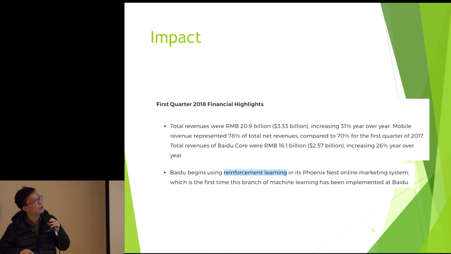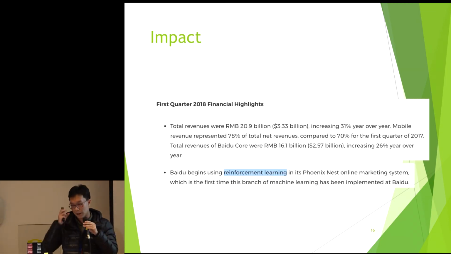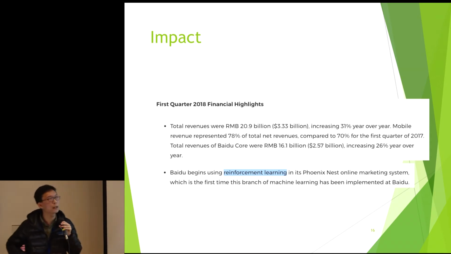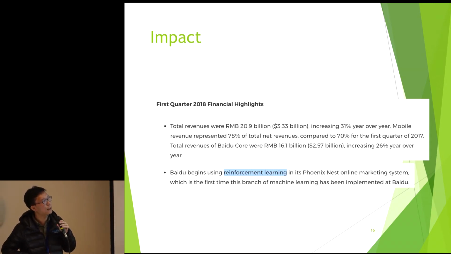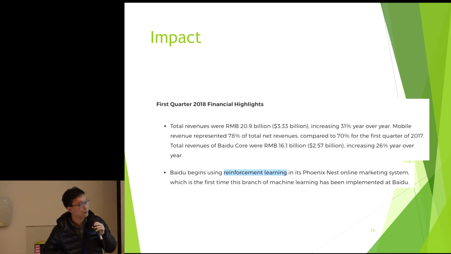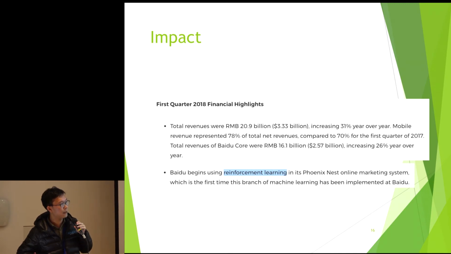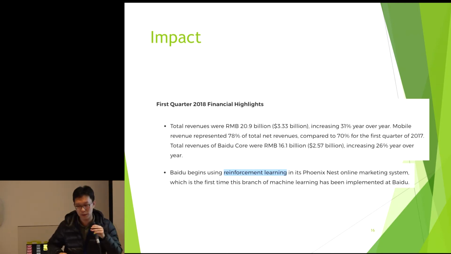Okay, so here's some text I got from Baidu's Q1 financial report. You can see that Baidu's revenue has grown a lot in that quarter, and our reinforcement learning-based algorithm was highlighted for its ability to increase revenue.